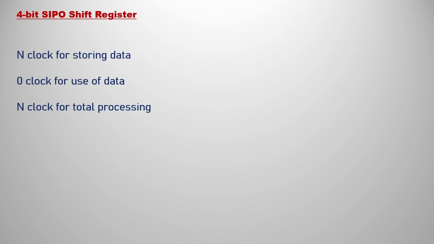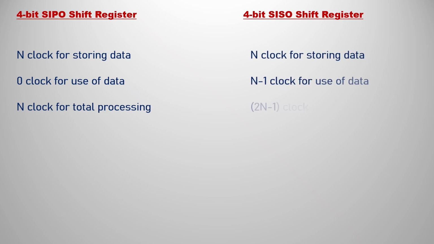Now we are going to understand the differences between SIPO and SISO. In SIPO, we require n clock cycles for storing data, 0 clock cycles for use of data, and n clocks for total processing. In a similar manner, if you compare with SISO, which we discussed in the previous video, n clock cycles are needed for storing data, the same as SIPO, and n minus 1 clock cycles for use of data.